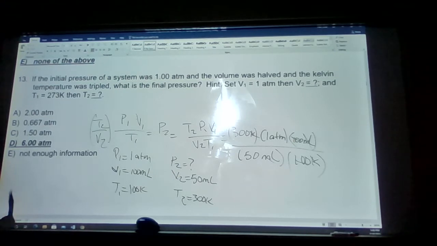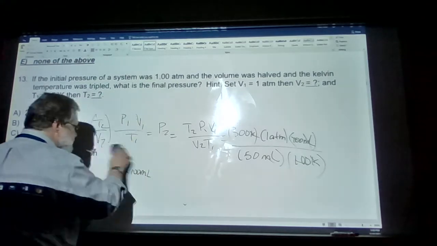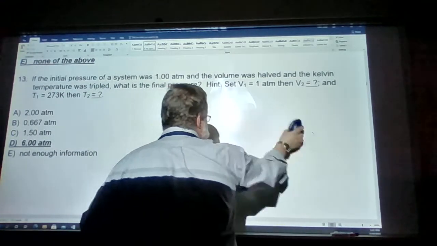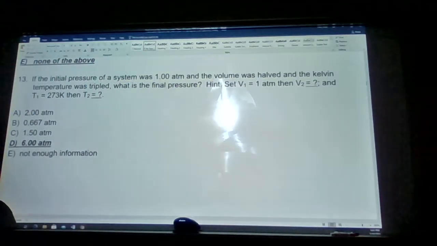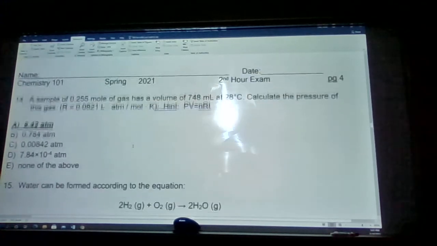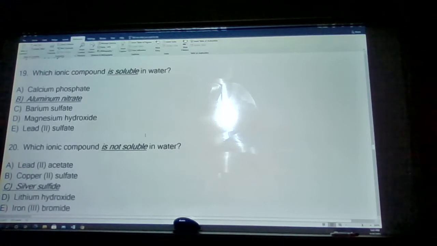Number 19. Which of the following ionic compounds is soluble in water?